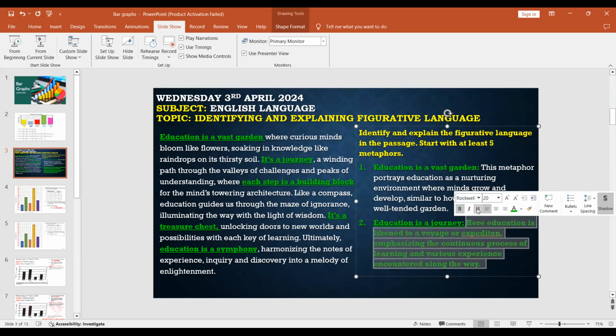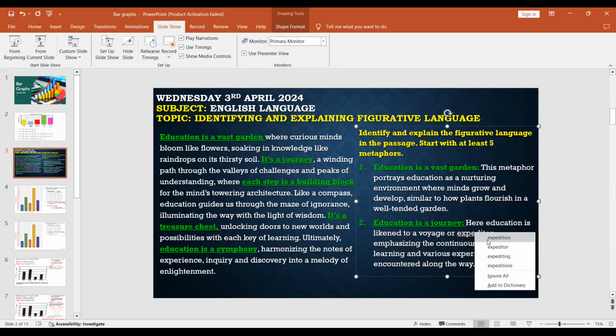Here, education is likened to a voyage or expedition, emphasizing the continuous nature of education, and also that when you're learning, you get different experiences along the way. All right.